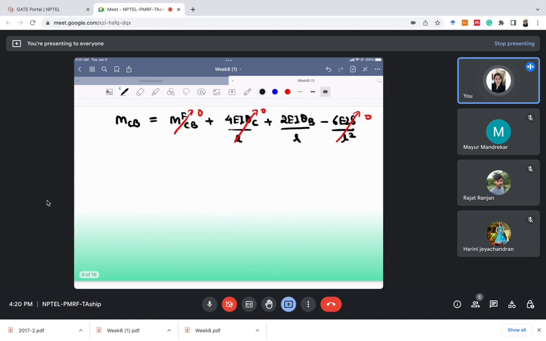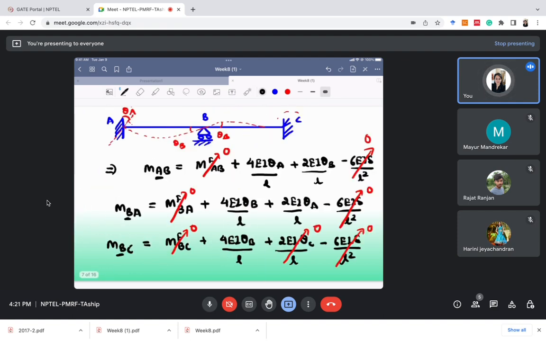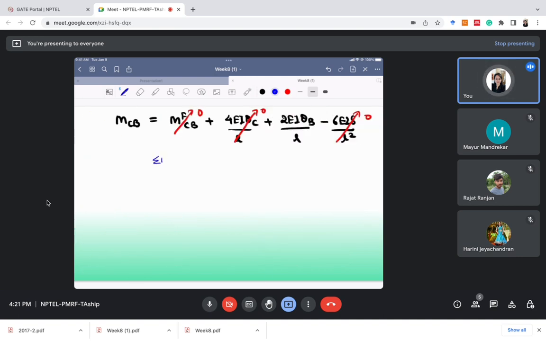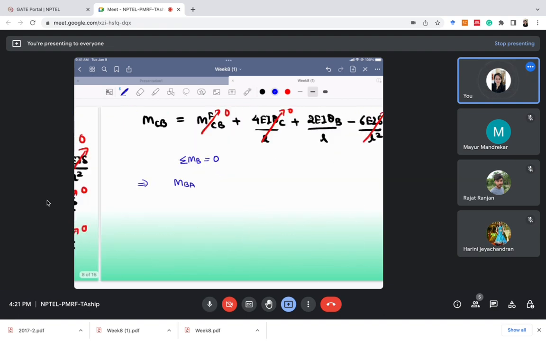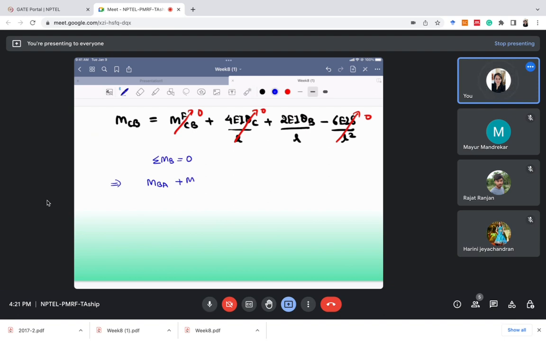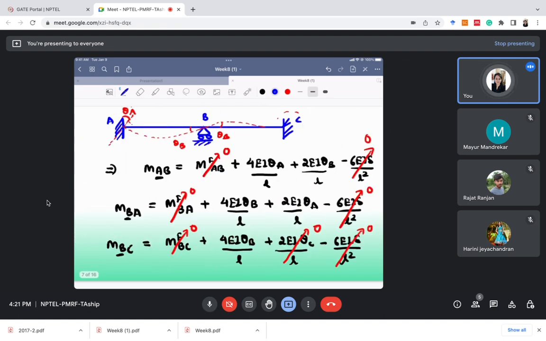We can use the summation of moment at point B is 0. So what are all the moments at B? At B, the two moments are MBA and MBC, right? MBA plus MBC equal to 0. MBA we know.